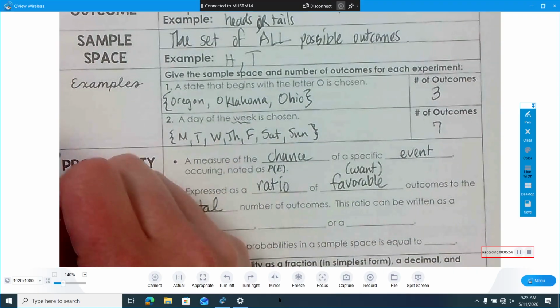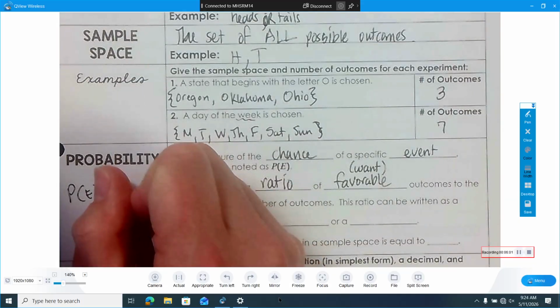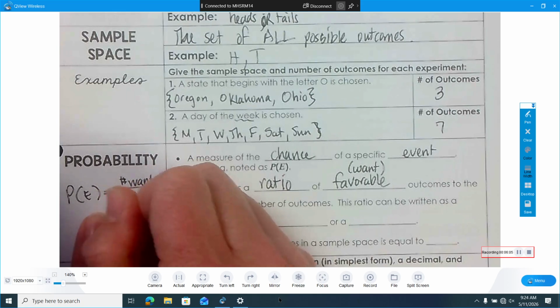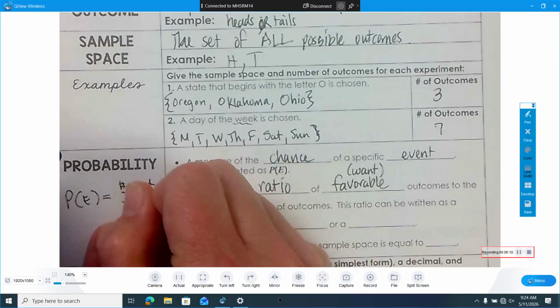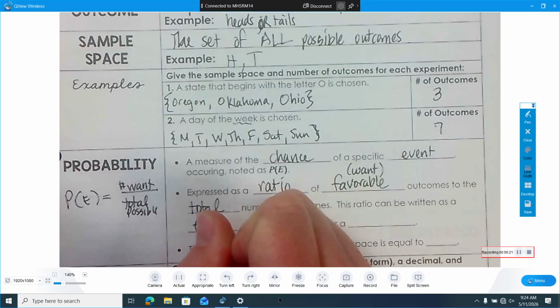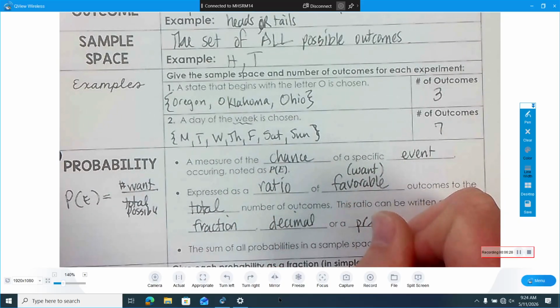So the probability of a specific event happening is really just the number of what we want out of the total number of possibilities. It's a fraction. It's what you want out of what's possible. And that ratio can be written as a fraction, as a decimal, or a percent.